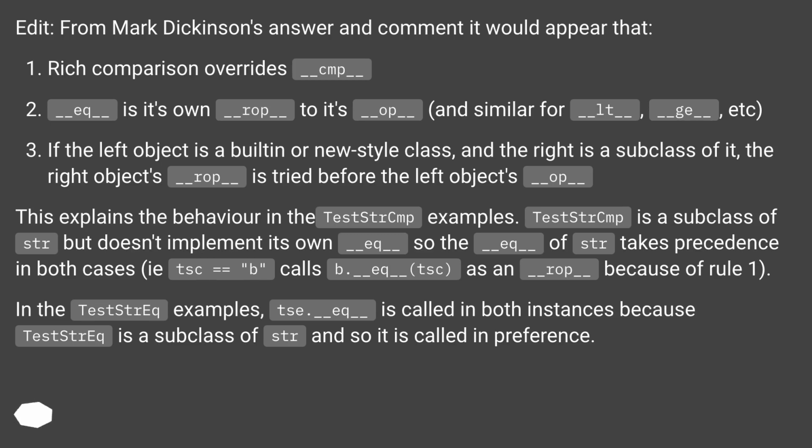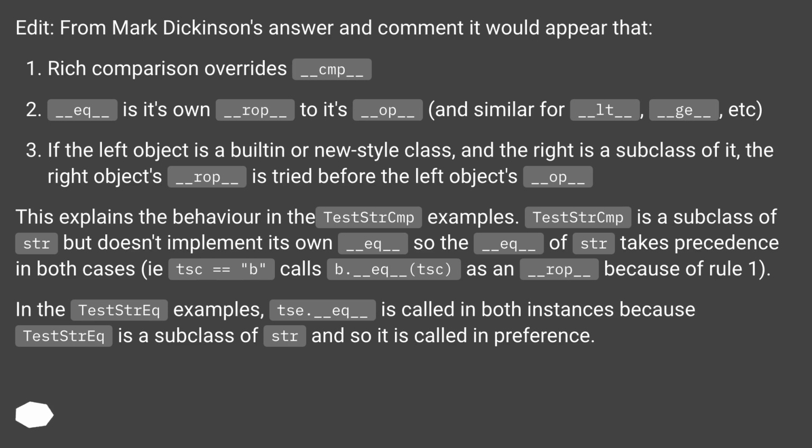This explains the behavior in the TestStrCmp examples. TestStrCmp is a subclass of str but doesn't implement its own __eq__, so the __eq__ of str takes precedence in both cases.